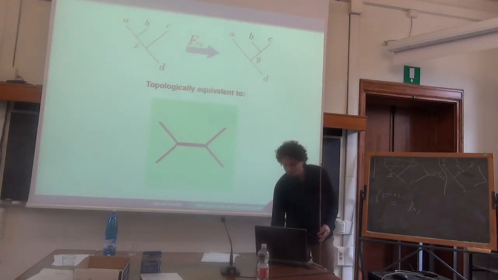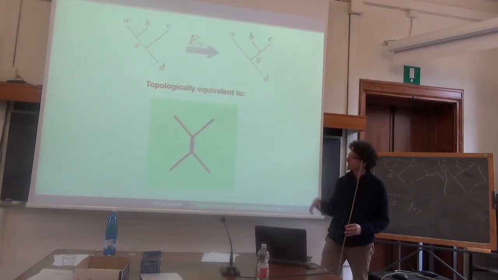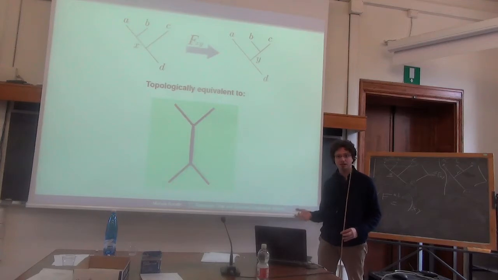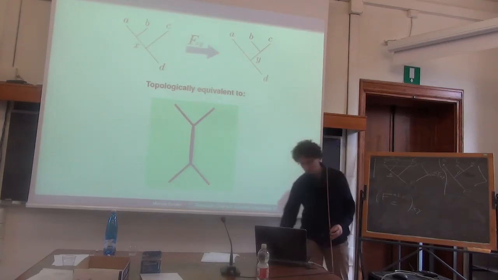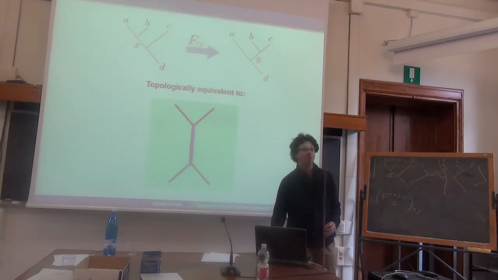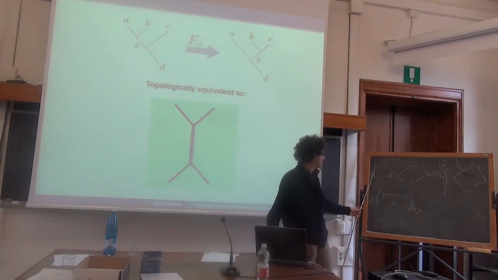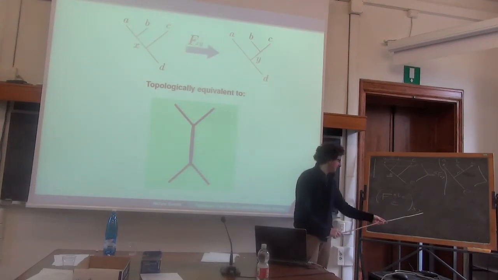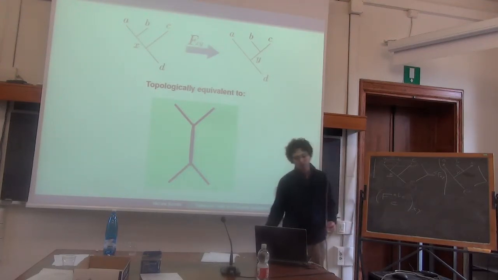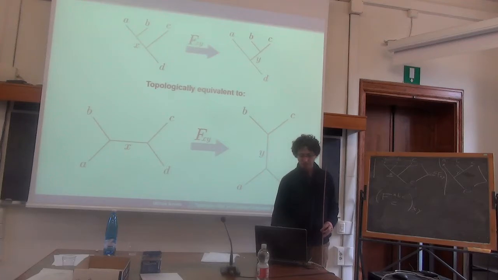Or you may see this as a sort of transformation from the S channel to the T channel in a scattering process. Also in this case, the things must correspond. In group theory, these F matrices are also called 6J symbols because they have these 6 indices, even though anyons cannot be really described by groups, but you need some extension of group theory.